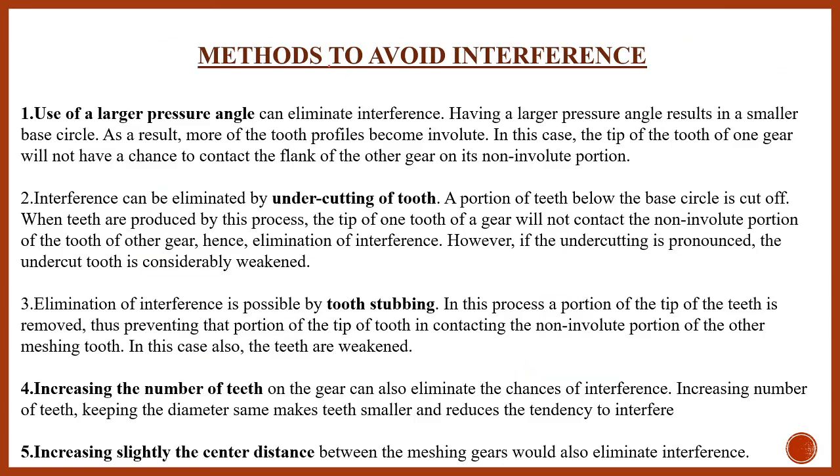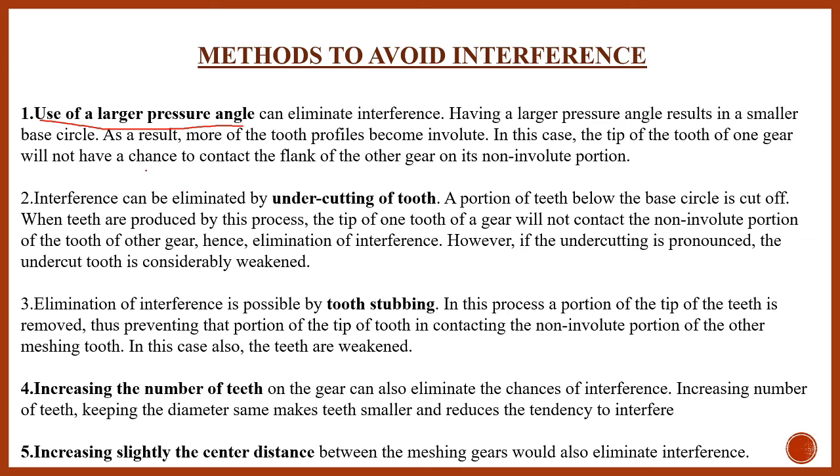Now, there are methods to avoid the interference. First one is to use a large pressure angle. Having a larger pressure angle results in a smaller base circle. As a result, more of the tooth profile becomes involute, and the tip of the tooth of one gear will not have the chance to contact the flank.